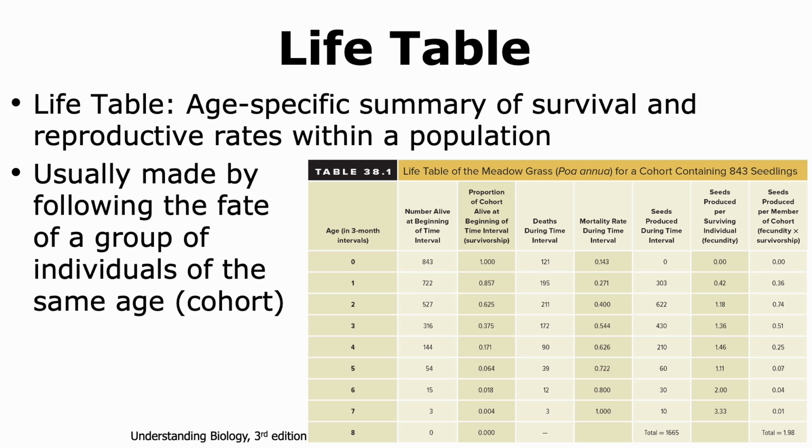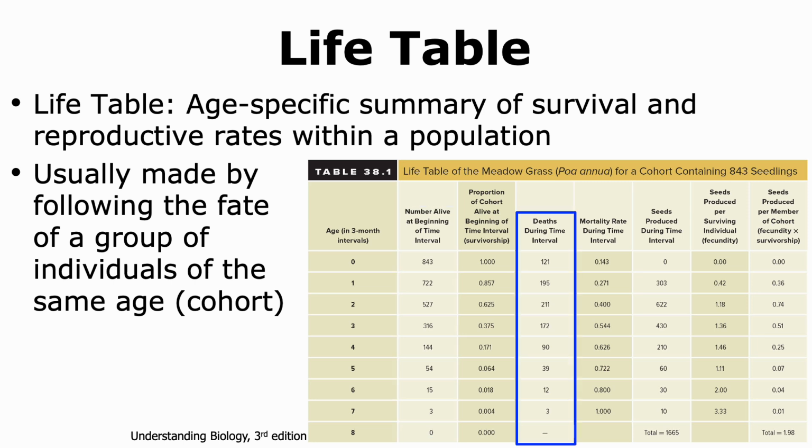As observed in the life table, we are able to see the time span that is being studied. In this case, we are looking at 3-month intervals over a span of 2 years. The life table shows us the number of seedlings that are alive at the beginning of each time interval. We are able to see that as time passes, there are fewer and fewer seedlings that are alive.